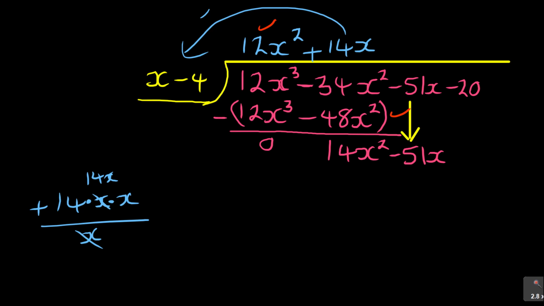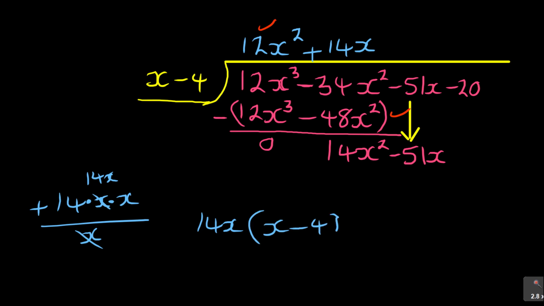So what do you do? You take 14x, you open a bracket and you say x minus 4. You are repeating. That will open and that will open. So 14x times x is 14x squared. It will always match the other first part. Then you're saying 14 times 4, but it's negative there.